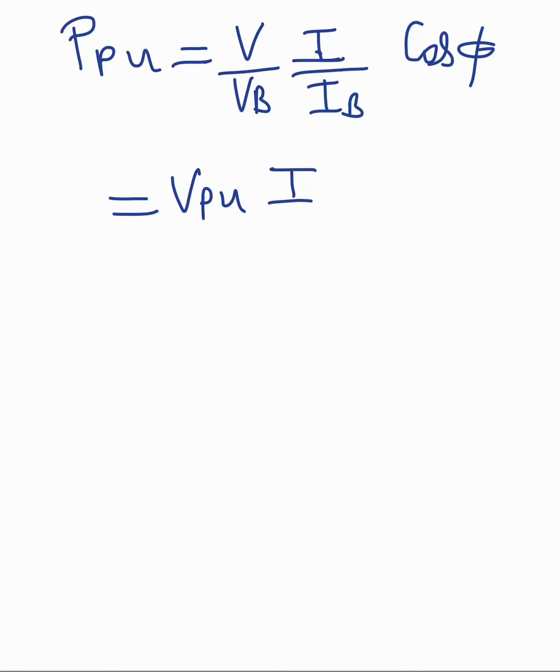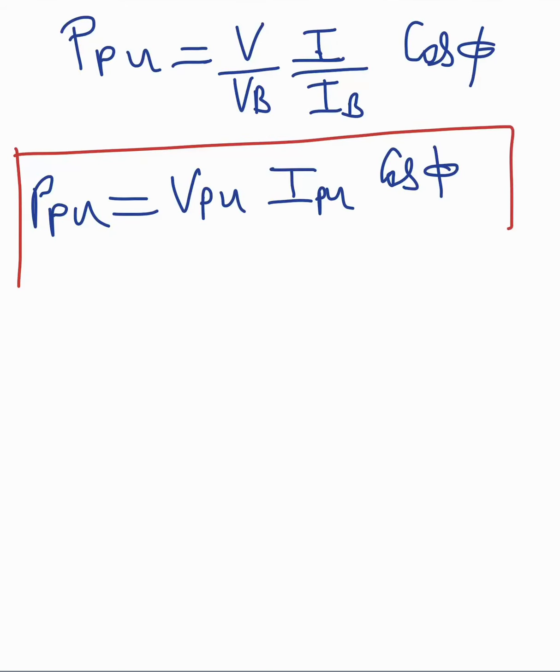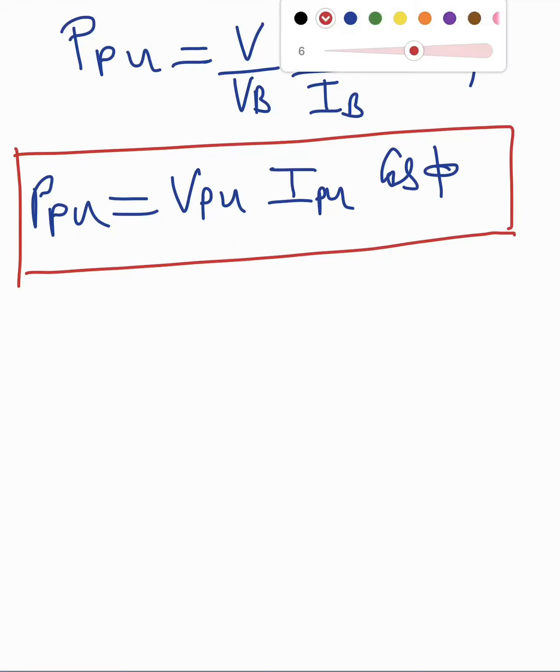So you can write like this, V per unit into I per unit into cos phi. So that is P per unit. So this one is important for calculation of P per unit.